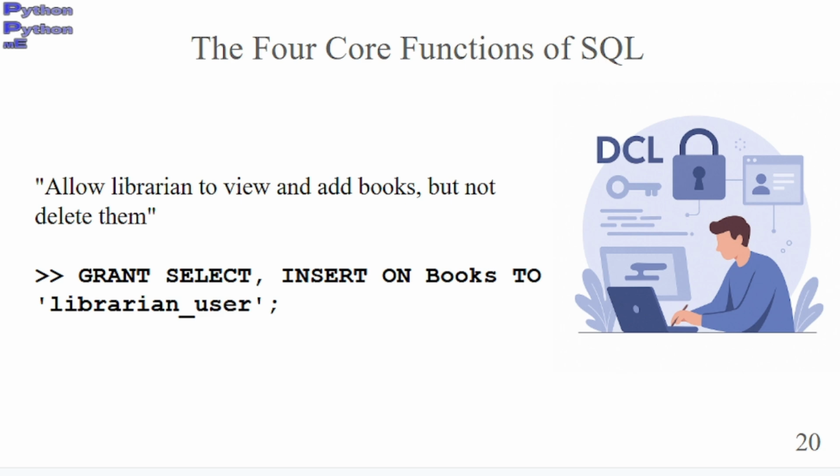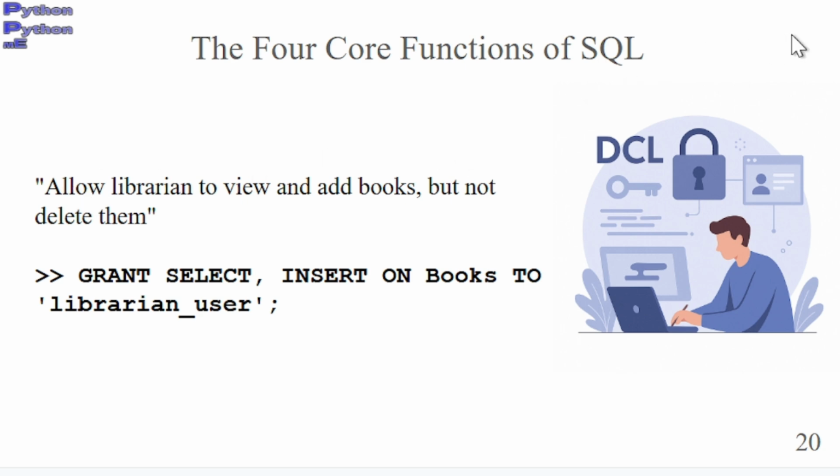In a real system, we would like to control who would have access to what and what actions they can perform. This is a hypothetical scenario where the user is named librarian_user, and the permission we would like to grant to this particular user is to view and add books, but not to delete anything. This would prevent any accidental data loss and therefore maintain a sense of order.